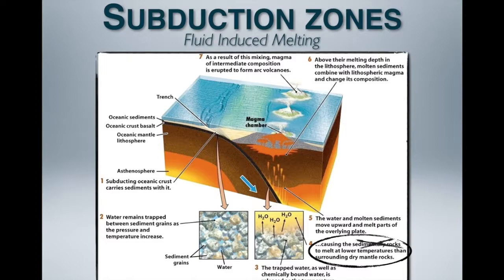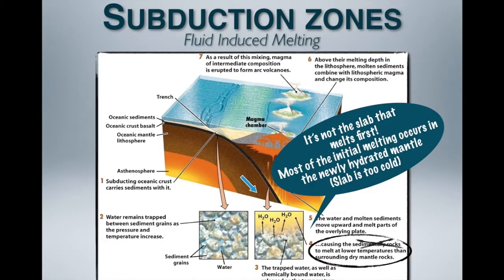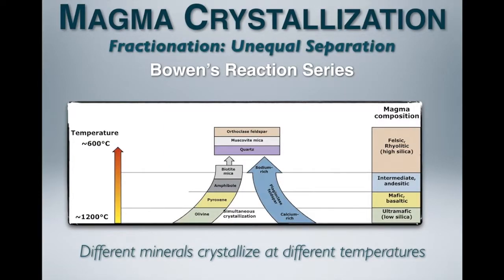But overall, we start melting the sediment first, and then we can start eventually melting the slab, although that happens much deeper because it has to get warmer. So those are our main types of melting.